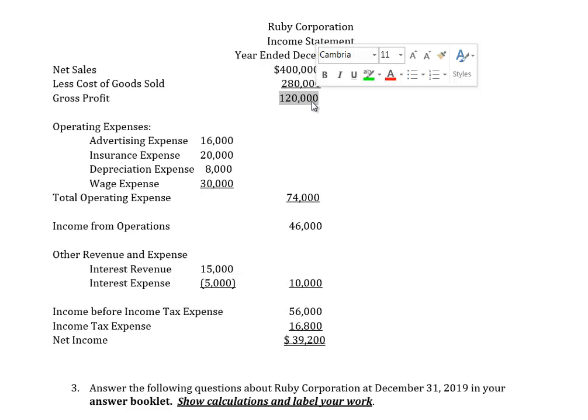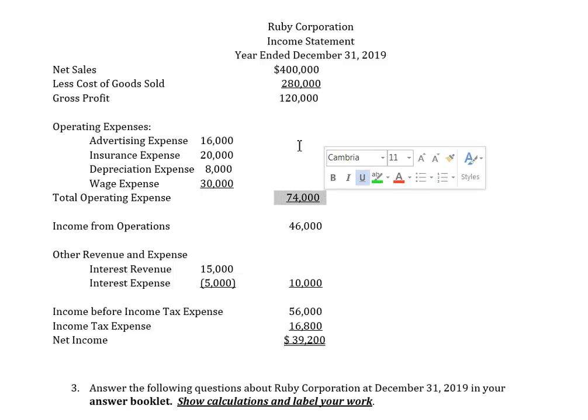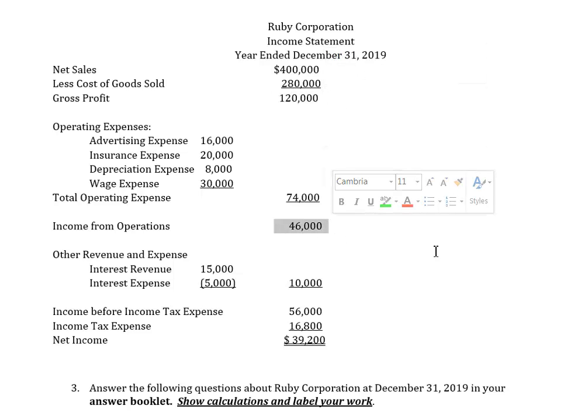You need to show gross profit. From the gross profit, then you start deducting all of your operating costs. In our case, we have advertising, insurance, depreciation, and wages. Our total operating costs that get deducted from gross profit give us income from our basic operations of $46,000.